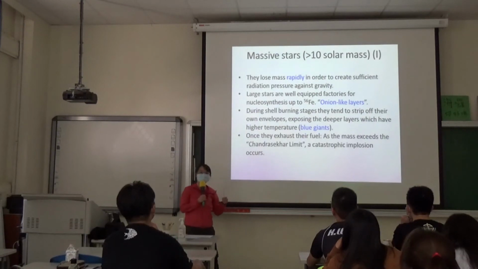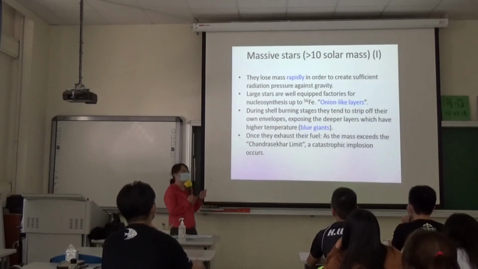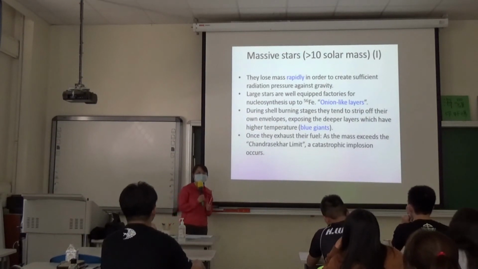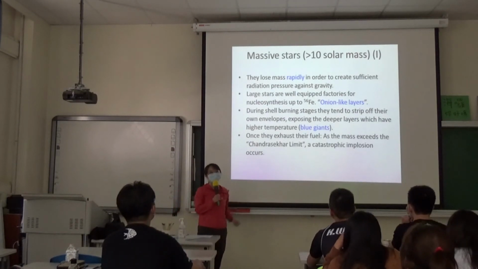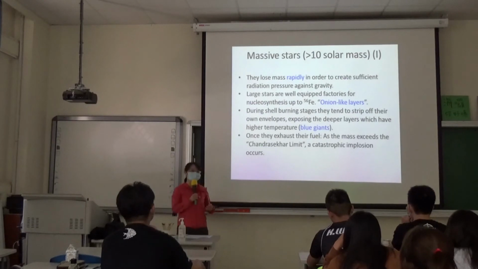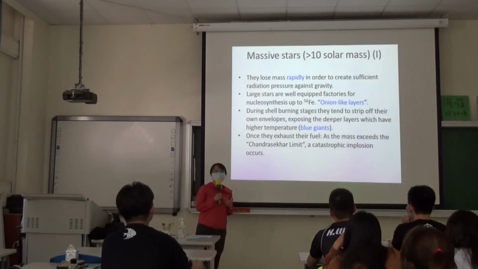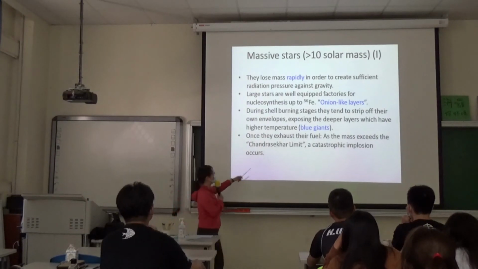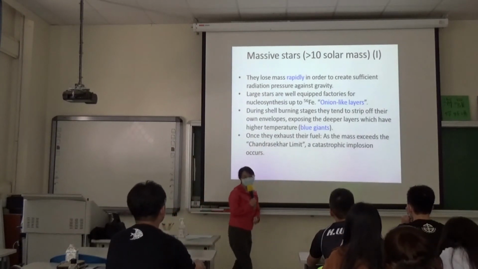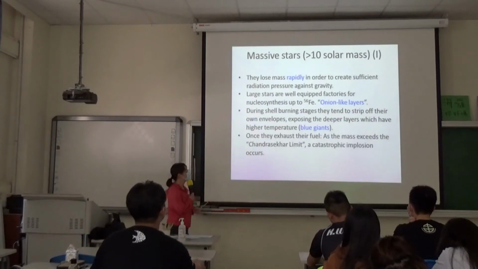Therefore, you will see blue giants. In another sense, it's a little bit like a planetary nebula. So the star is throwing away its clothes and exposing the internal hot core. So it will look brighter and hotter. So it turns blue, right?